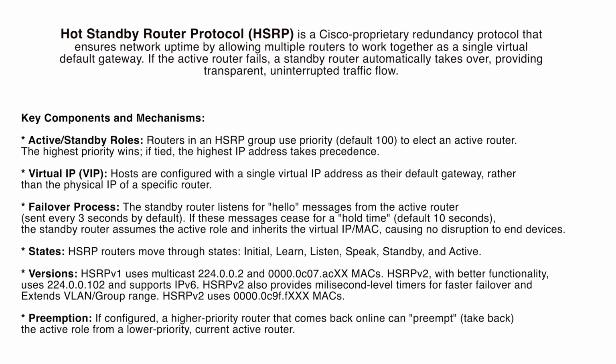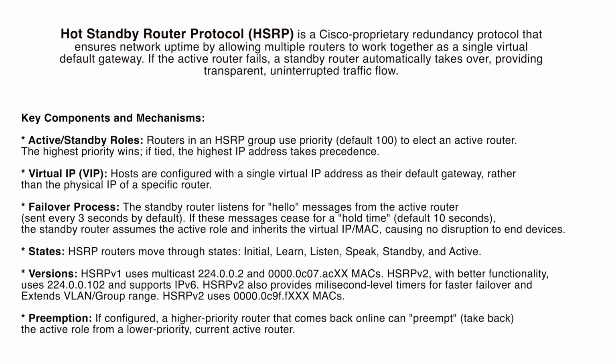HSRP version 2 also provides millisecond level timers for faster failover and extends the VLAN group range. HSRP version 2 uses MAC 0000.0C9F.FXXX. Preemption. If configured, a higher priority router that comes back online can preempt, take back the active role, from a lower priority current active router.